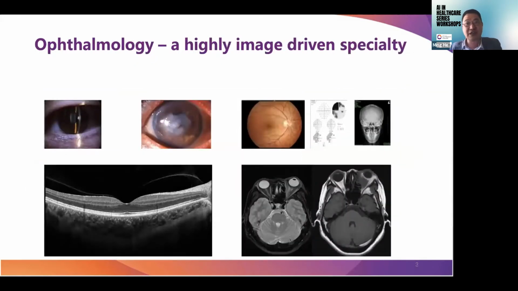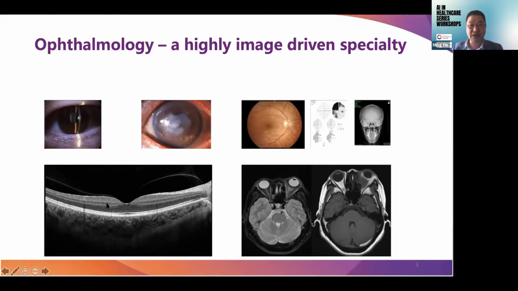Ophthalmology is very fascinating. It is a subspecialty that is very hard to get into in Australia, but it is highly dependent on imaging. This is a slit lamp photo, where you can see the anterior chamber and the lens. Here you can see the cornea has become opaque, like an infection, and you can also see the fundus of the eye.